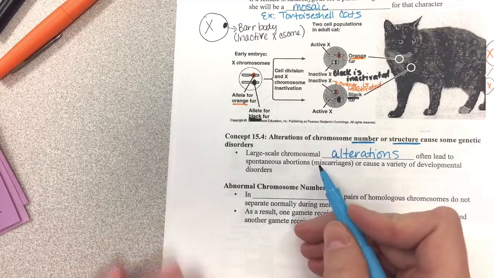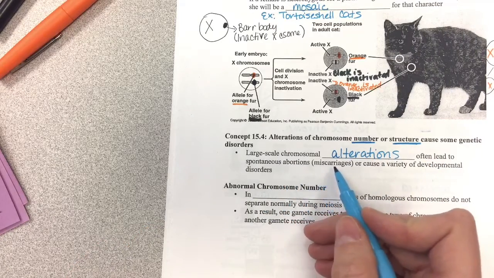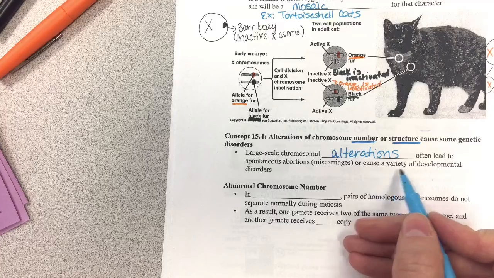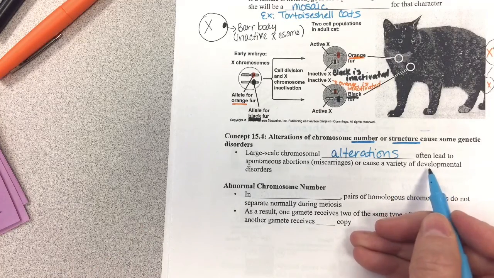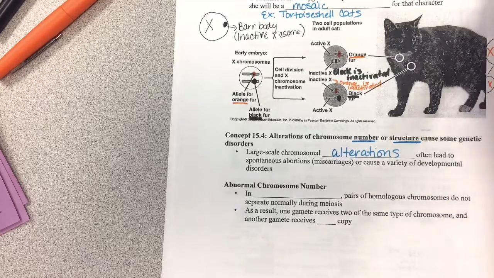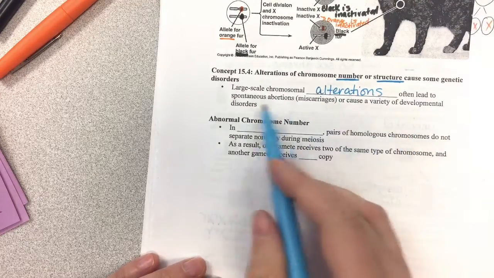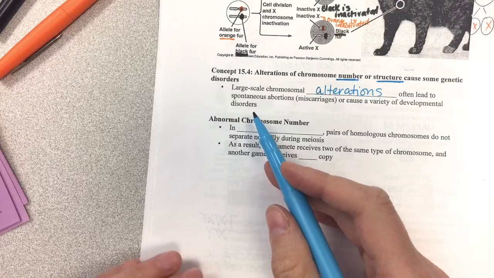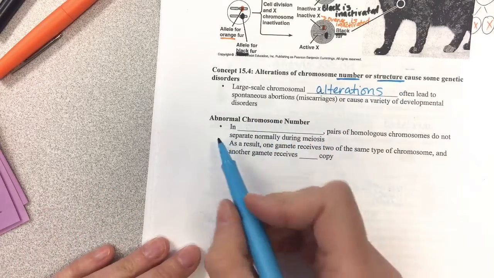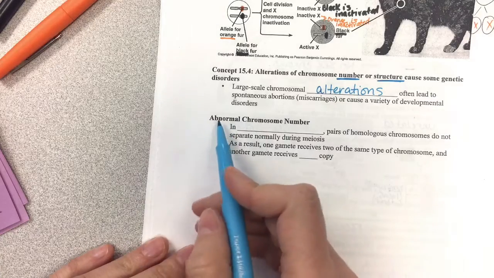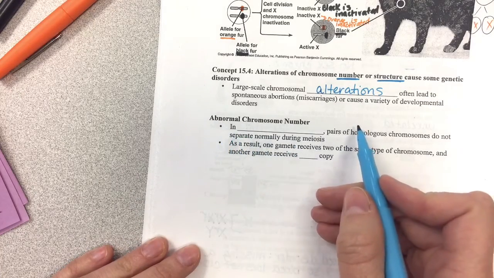So sometimes it can be so drastic that a miscarriage happens, or if the child is able to live, there may be some characteristics that cause problems, depending on whatever the gene that is affected controls. So let's look at abnormal number of chromosomes first.